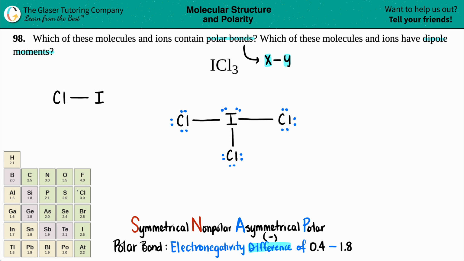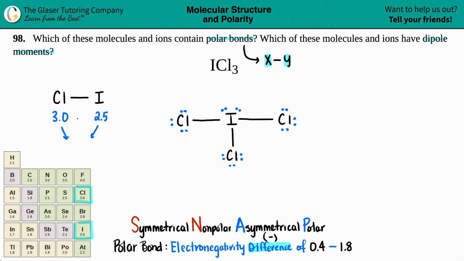So let's see, chlorine, as far as electronegativity, has 3.0, and then iodine has 2.5. Now when you are taking that electronegativity difference, just know that that should always be a positive number. So whether you take the big number minus the small number or the small number minus the big number, if you get a negative, just make it positive. It should always be the absolute value.